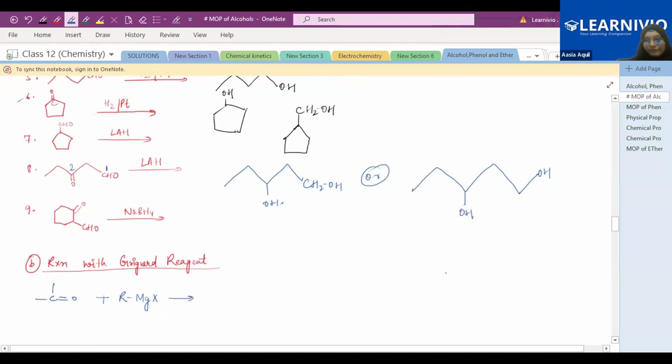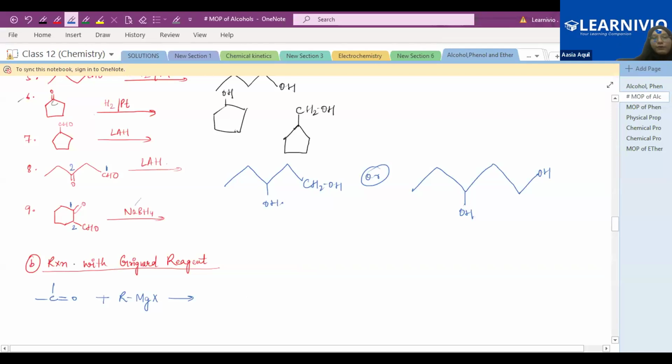Okay, next one. Yes, Jupiter. Jupiter and Aisha Salim, anyone know the answer? Suppose this is the first carbon, this is the second carbon. Tell me which carbon will be reduced to which group?